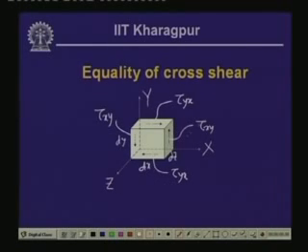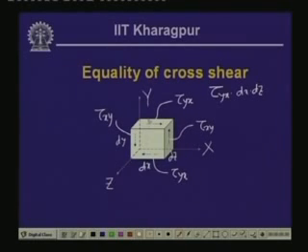If we take the moment of all the forces about z axis, then the moment expression can be written as follows. Tau y x is the stress acting on the area dx by dz. So, tau y x multiplied by dx multiplied by dz is the force.